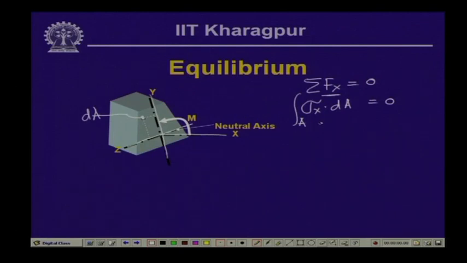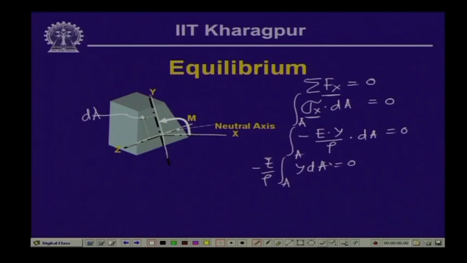Now, sigma, as we have seen, is equal to minus E y by rho, times dA, integrated over the area, equal to 0. If we take out the constant E by rho, we have the integral over area A of y dA equal to 0.